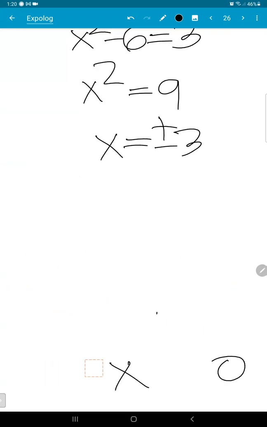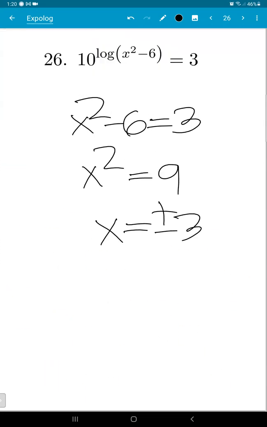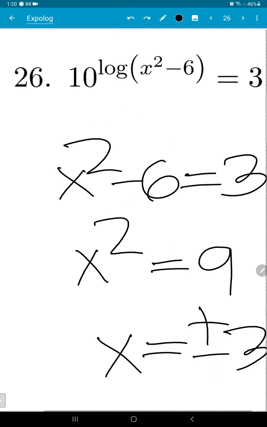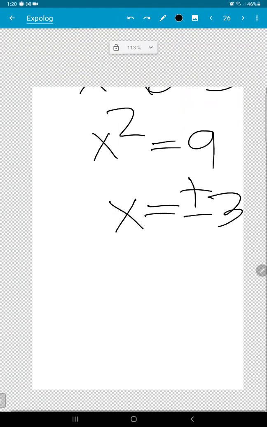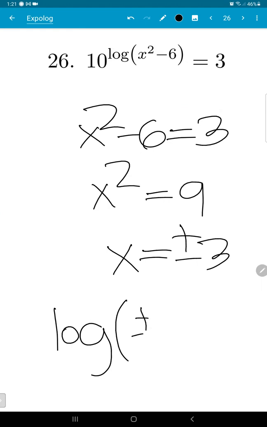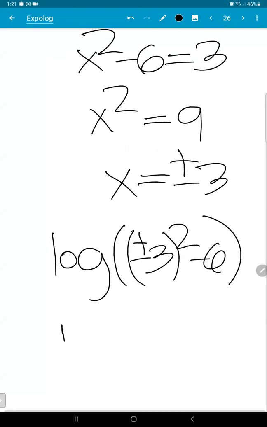So that means even though we got several possible solutions here, we have to check if they are in the domain. Will the logarithm be defined? Although here it will be of no problem if we plug in either plus or -3, we do get a positive inside.